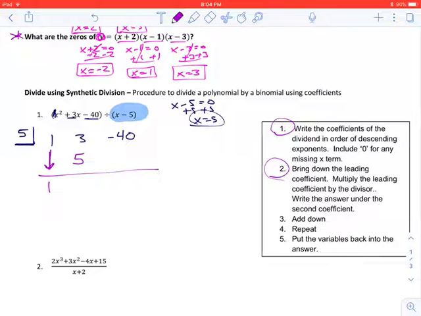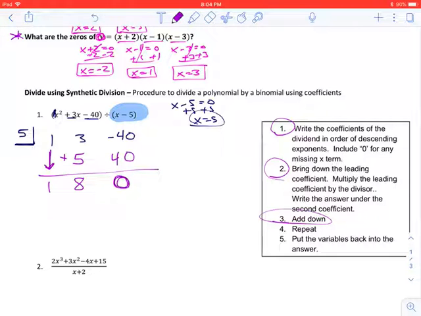Then I add down. So step 3, add down. 3 plus 5 is 8. And then I repeat. 8 times 5 is 40. And then I add down again.